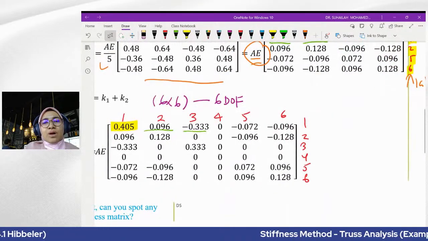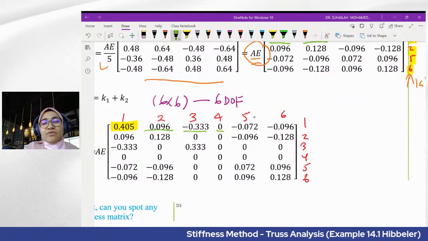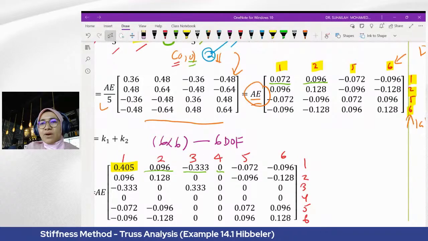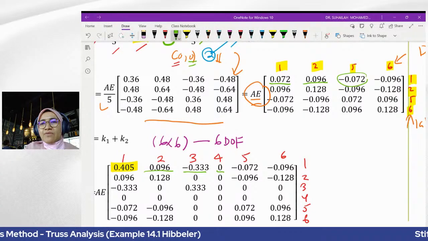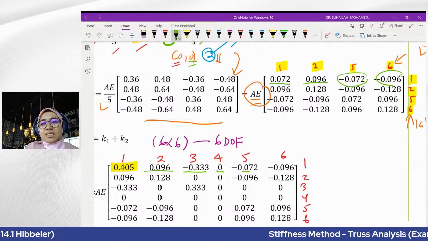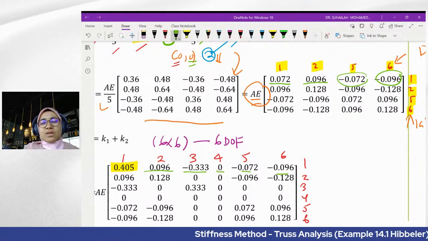Then 1, 4 is equal to 0. For 1, 5, it is negative 0.072, and 1, 6 is negative 0.096.